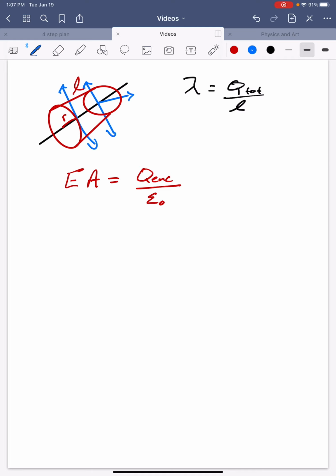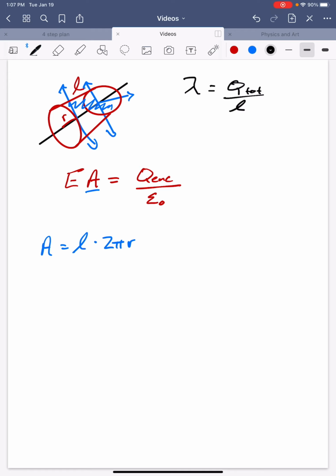So now I got to think about these different pieces. So what is the area of that side of my cylinder? Well, the area is the length of the cylinder times the circumference of that circle.